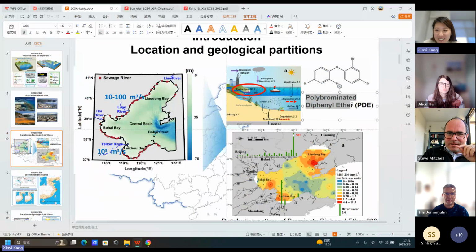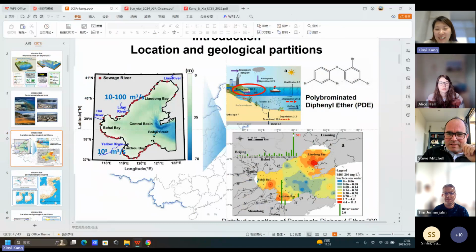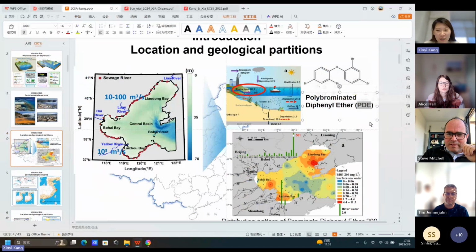I think it's called polybrominated diphenyl ether. It's one chemical. So some people call it PDE for short. This is what I got from papers from environmental studies. So this is one common pollutant in the Bohai Sea.